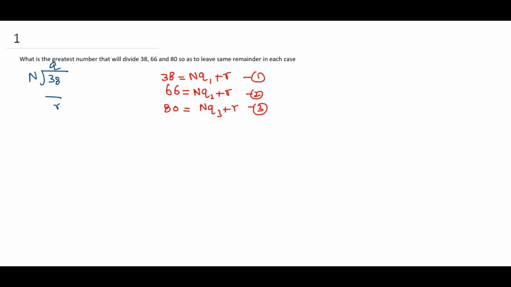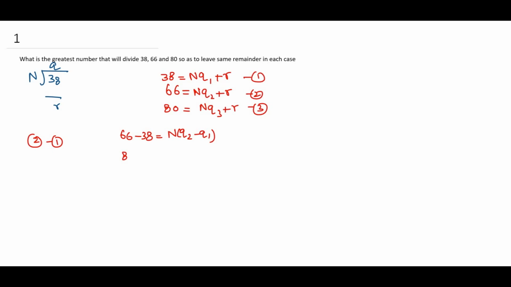So what we can do is subtract equation 1 from equation 2. We will get 66 minus 38 is equal to N times (Q2 minus Q1). R will get cancelled out.